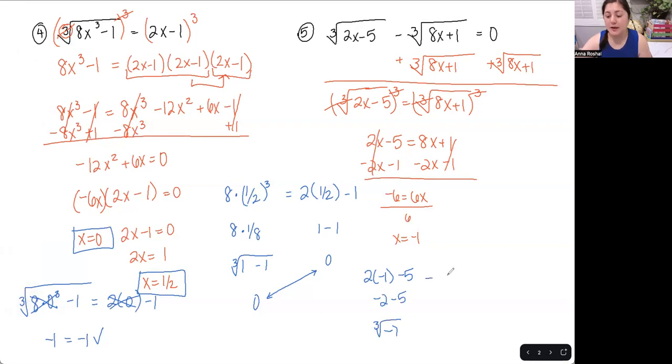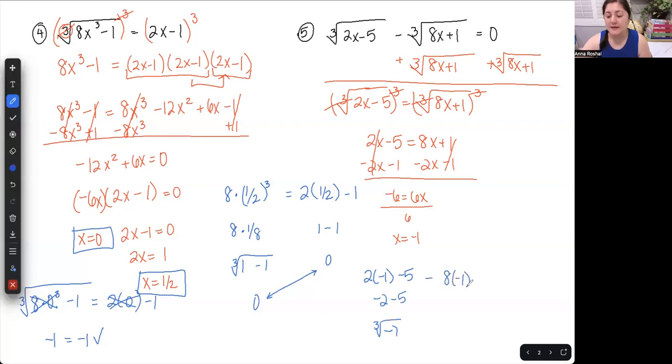So I'm going to subtract 8 times -1 plus 1. So this will be -8 plus 1, which is also -7. So I'm going to end up with the cube root of -7 minus the cube root of -7. Does that equal 0? Yes, it does. Correct answer.